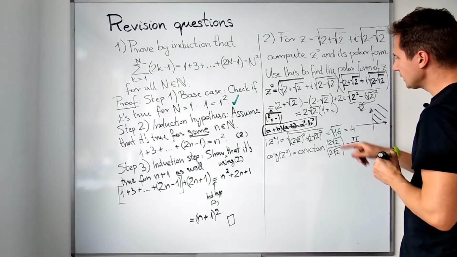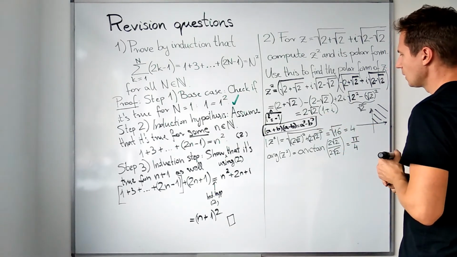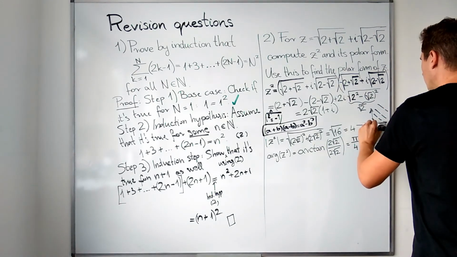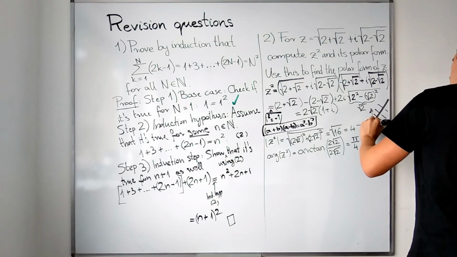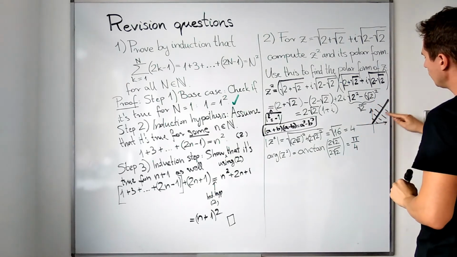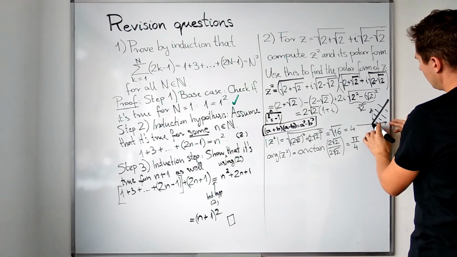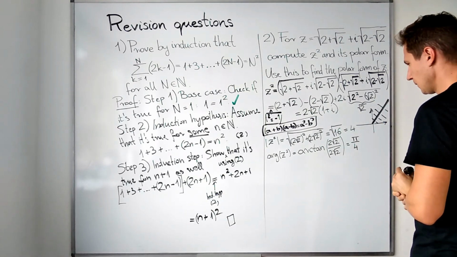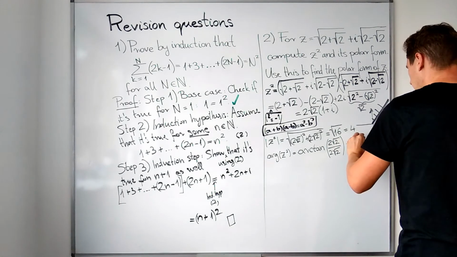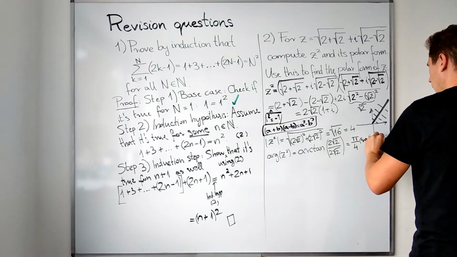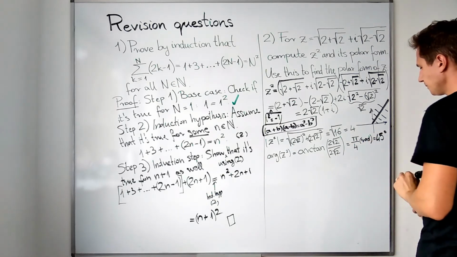That shouldn't be surprising, because the real and imaginary parts are the same, which means that this number should be on this line, which has 45 degrees between itself and the real and imaginary axes. Okay, so that is pi over 4 radians, or 45 degrees.